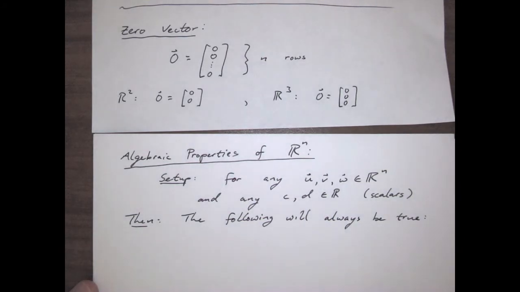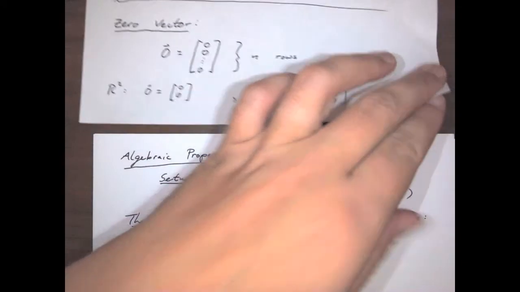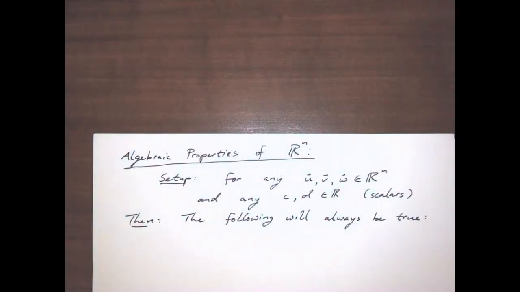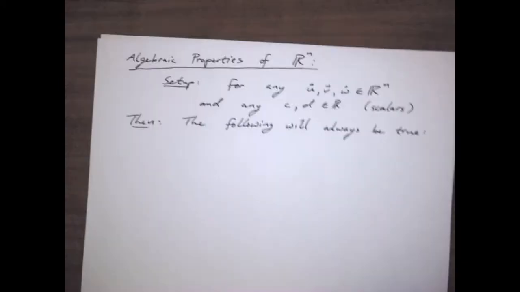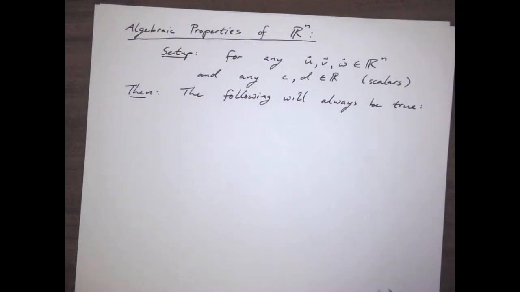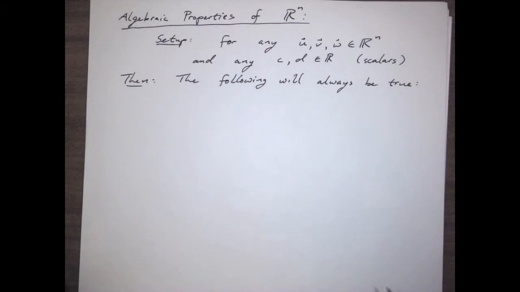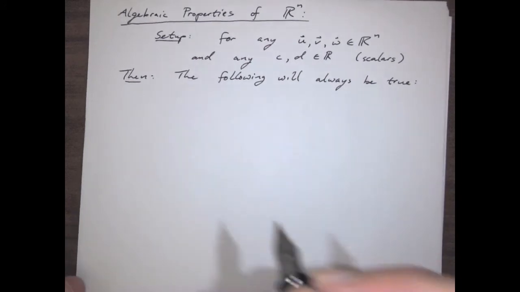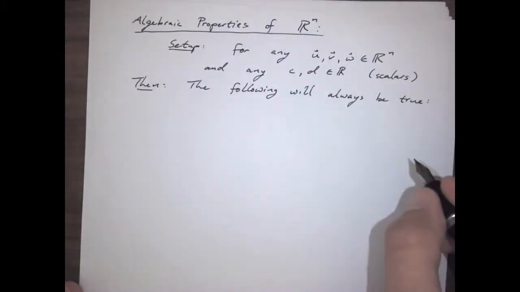And here, you don't have to memorize these, you don't have to memorize which property says which thing, but what we're going to be doing here is essentially giving ourselves permission to do the arithmetic that we know and love in the vector realm as well as in the classic real number realm.